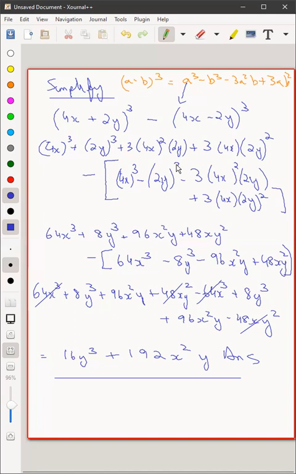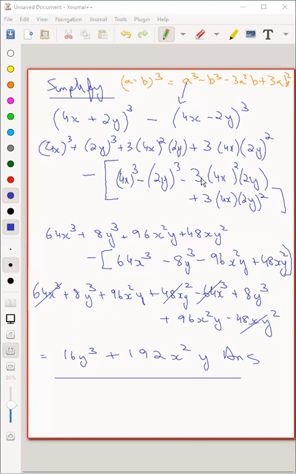Clear now? Sir, I've done it with the other formula. Which formula? a cube plus b cube plus 3ab into a plus b.